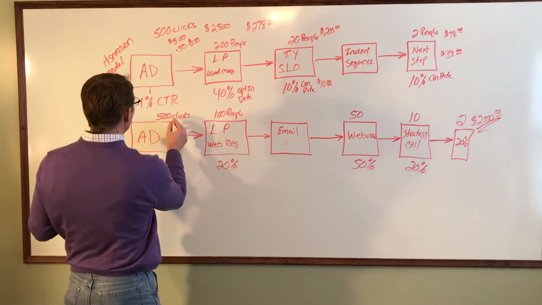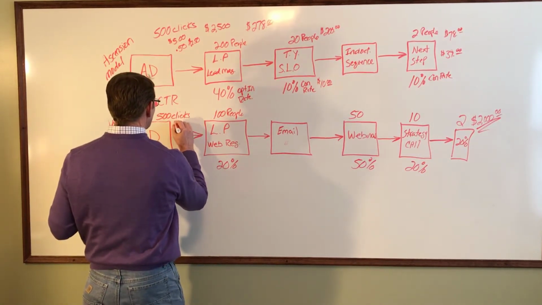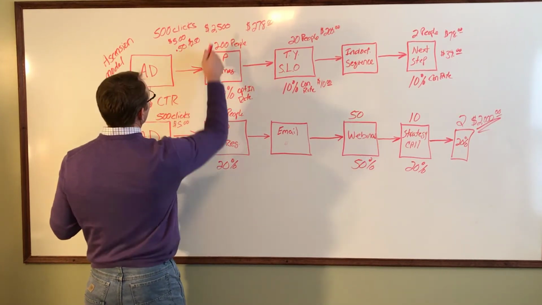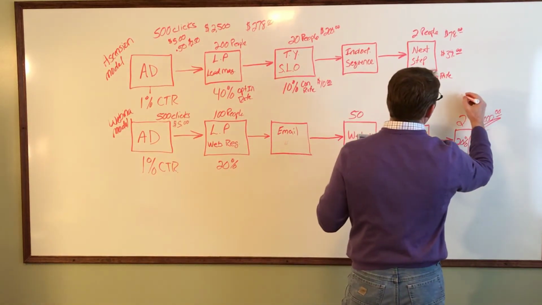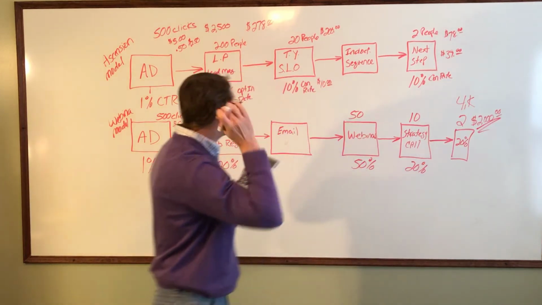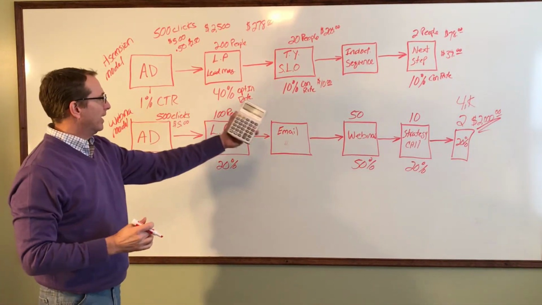So right off the bat, if you have 500 clicks and you're paying $5 per click, you've got a $2,500 ad spend, and you've made $4,000. Okay? So you can see right off the bat that you're okay here.